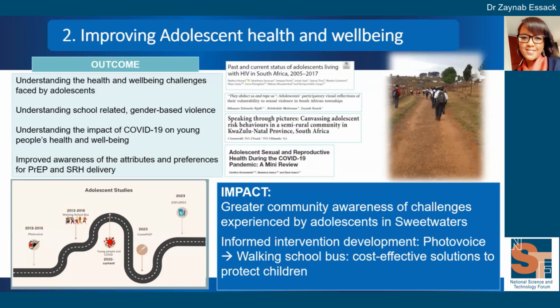Our second area is in improving health and well-being. We've done some participatory methods to engage young people, and unemployment has been high on their agenda, but also sexual violence. And through this early formative research, we got funding to develop a walking school bus intervention where children are chaperoned to and from school every day, and we found that it's not completely effective, but it helps manage some school-related gender-based violence.